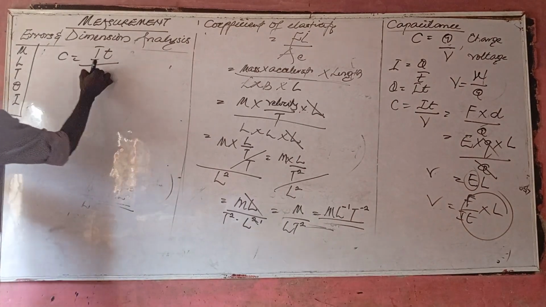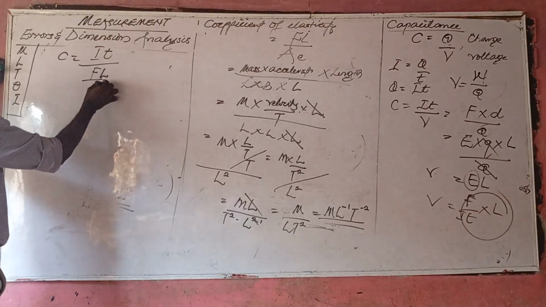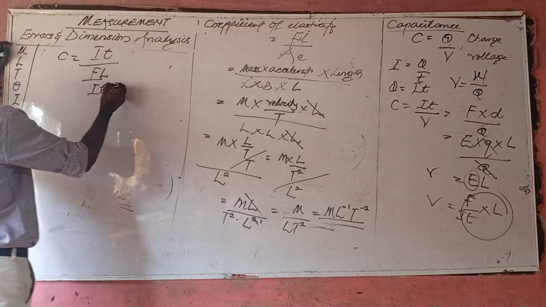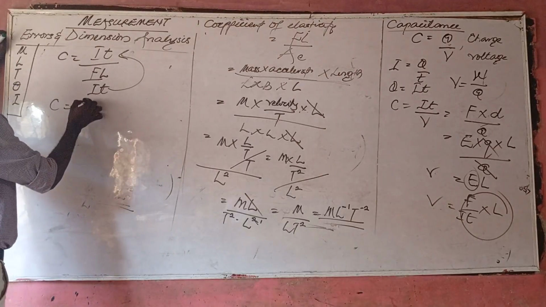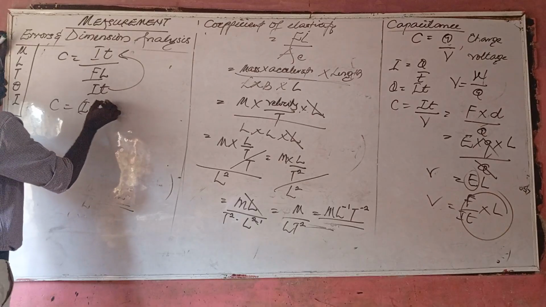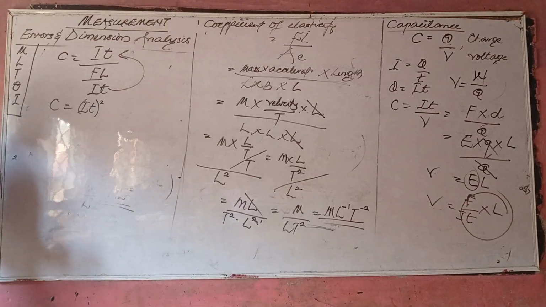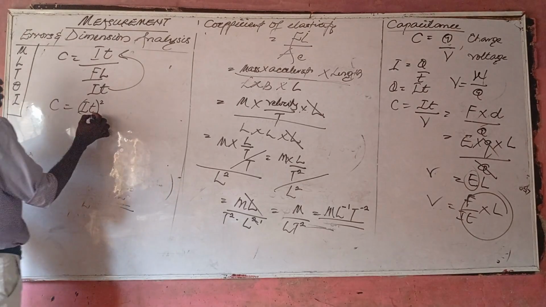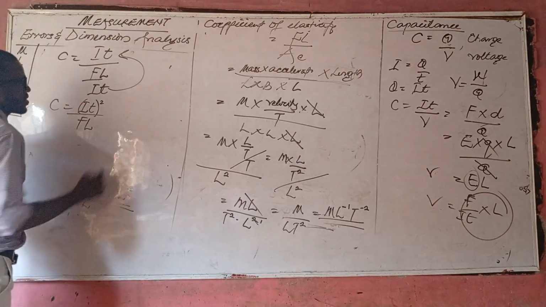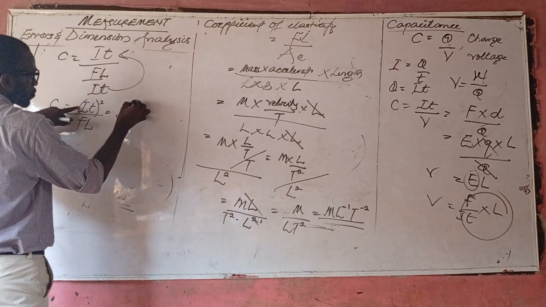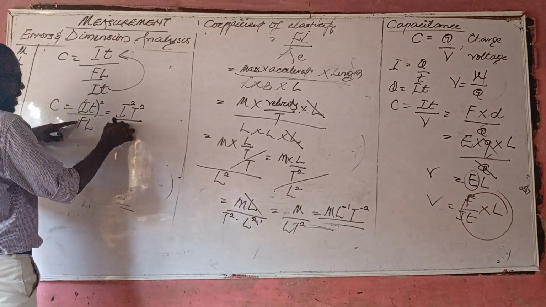And V is F L over I T. So C equals I T all squared, I T times I T, over F L. Now I squared T squared over, what is force?